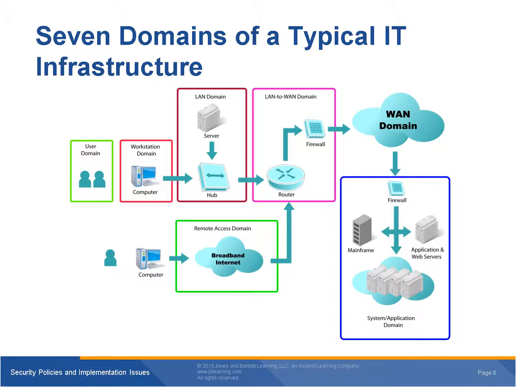For example, the workstation domain may involve pirated software. The LAN domain can scan emails for viruses, while the remote access domain deals with the virtual private network tunnels. Different domains can have different security requirements.